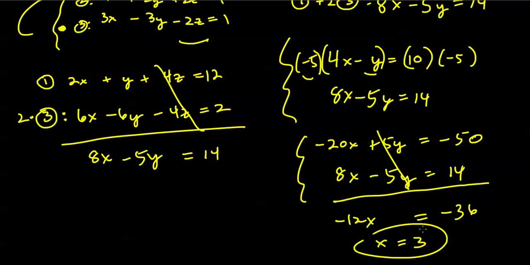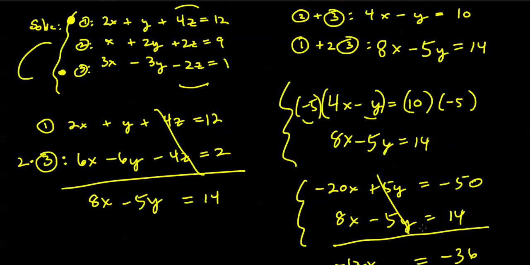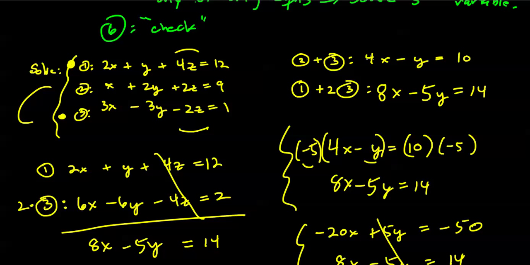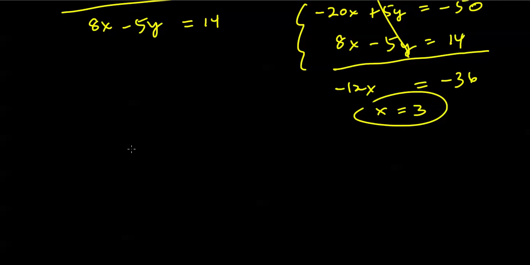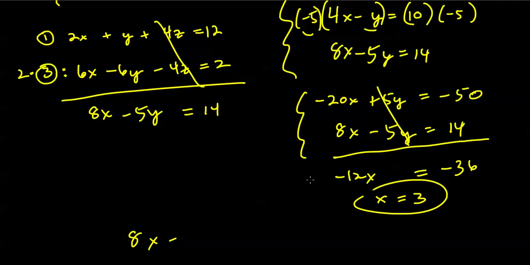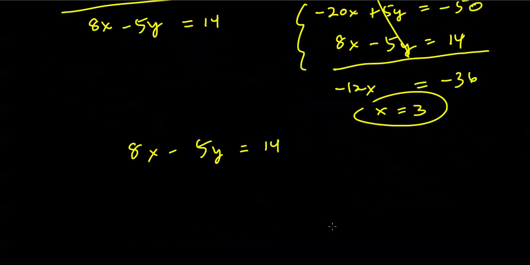Alright, if x equals positive 3, I can go to either of these equations and plug in x equals 3 and solve for y. I'm going to pick the second one. Using equation 2 in the 2 by 2 system, 8x minus 5y equals 14. If x is 3, I'll say 8 times 3 minus 5 times y equals 14.